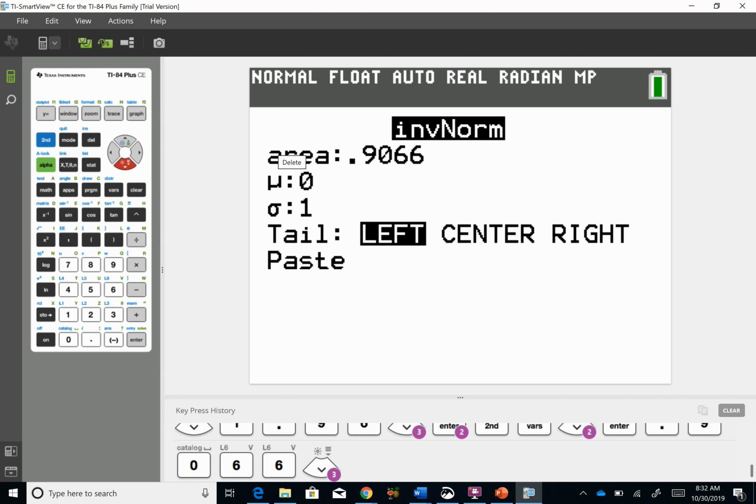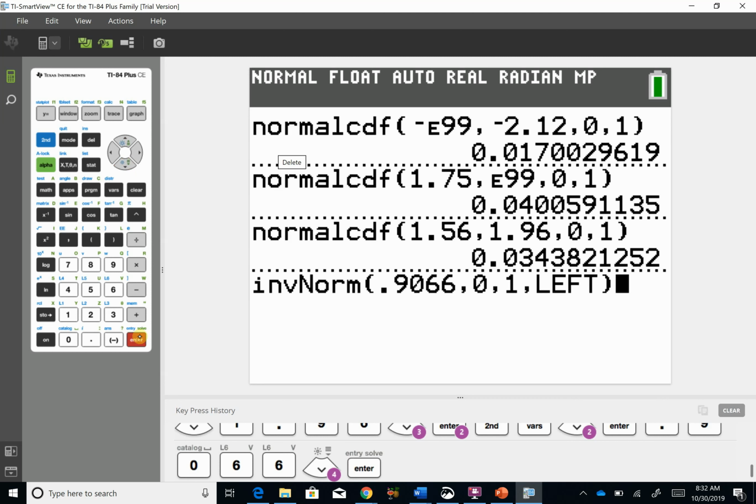So for my purposes, so I'm staying on the same page with everybody's calculators, I'm going to go with the area to the left. If you have an older calculator, all you have to do is the inverse norm, 0.9066, and you close your parenthesis. You don't need the 0, you don't need the 1, you don't need the left. Then remember, we entered an area, so 1.32 is our z-value.